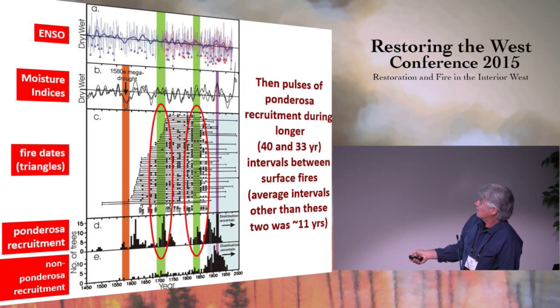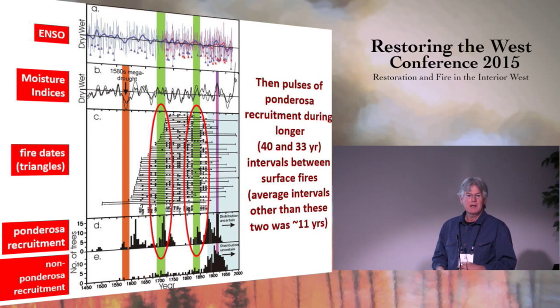Then we actually get two pulses of Ponderosa recruitment during these longer intervals between fires. If we exclude these two gaps, from 1684 to 1724 and 1818 to 1851, the average fire interval was about 11 years.